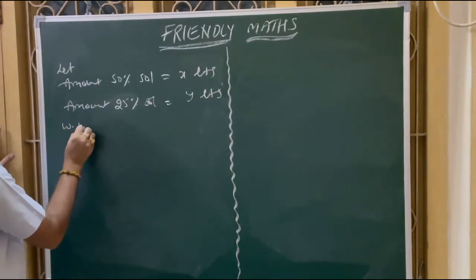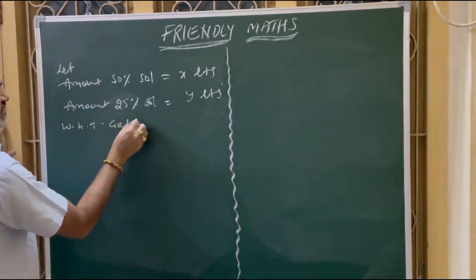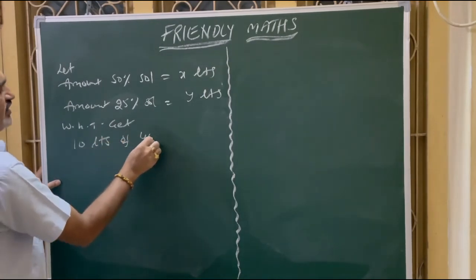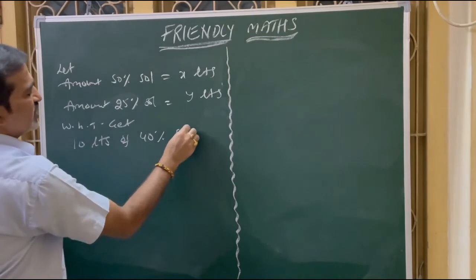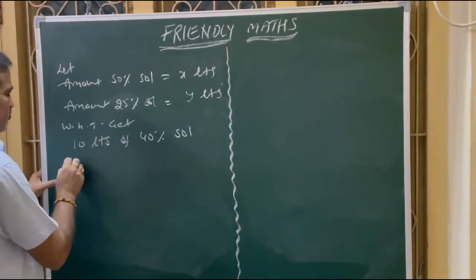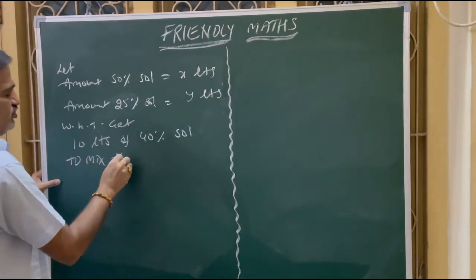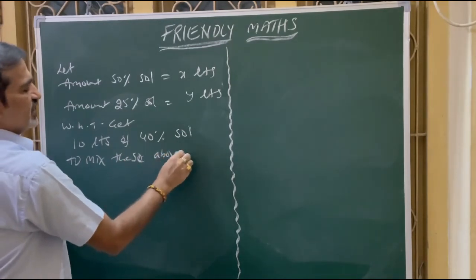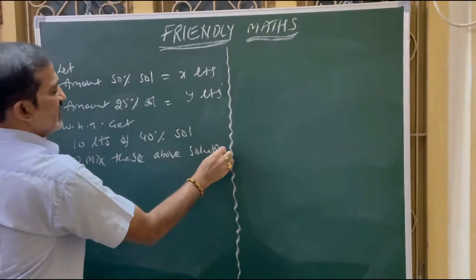We have to get 10 liters of 40% solution by mixing the above solutions. Okay. Now it's a very important problem.